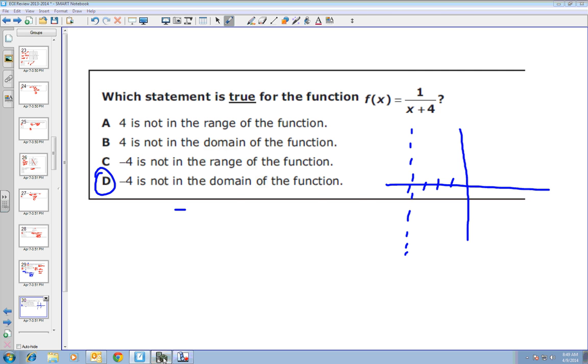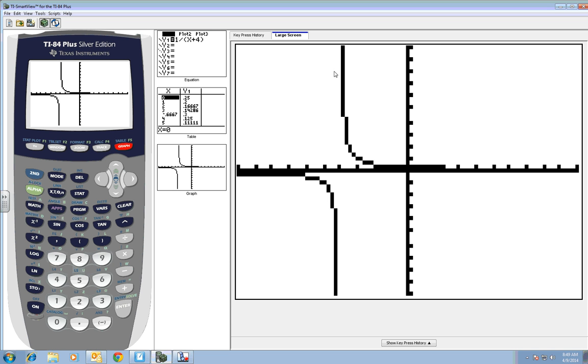Your graphing calculator won't actually show the vertical asymptote, but it shows where the graph goes. An asymptote is where there's a break in the graph, and when you look at a picture of the graph, it never crosses that vertical line. So there's this imaginary vertical line right here at negative 4. See how the graph goes down and then it goes up?